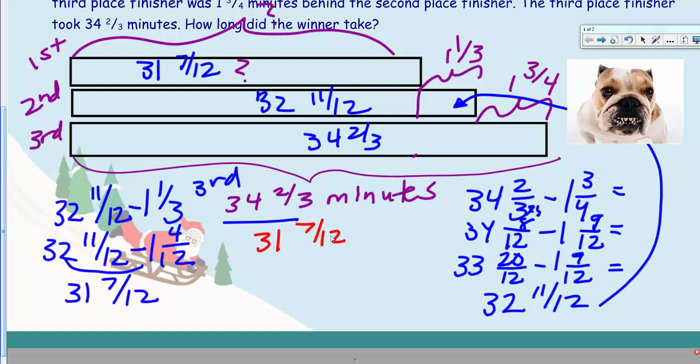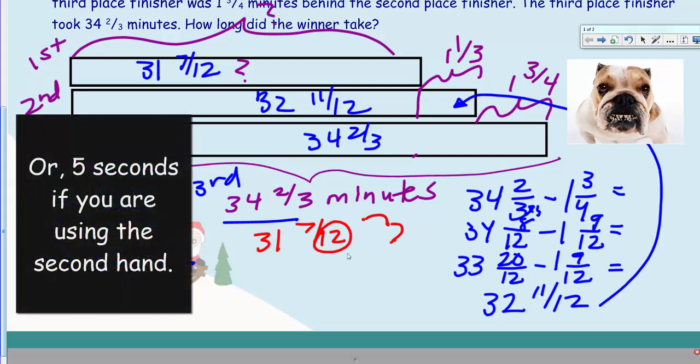The way we could take a look at that is like this. There are 12 numbers on the clock, and each number, from 12 to 1, 1 to 2, and so forth, is actually 5 minutes.